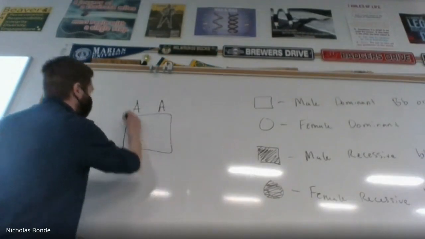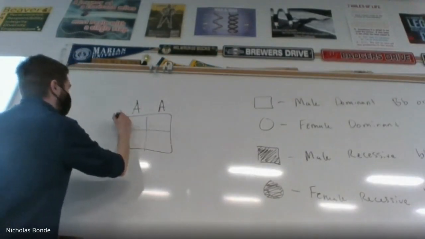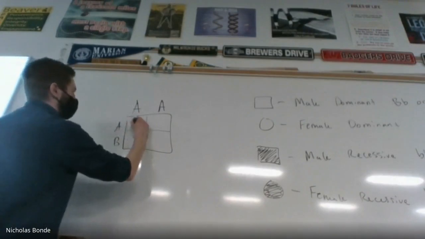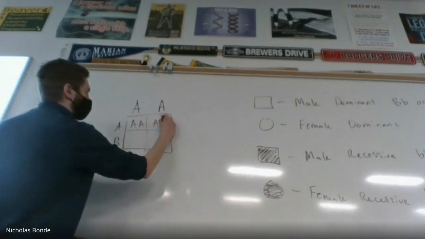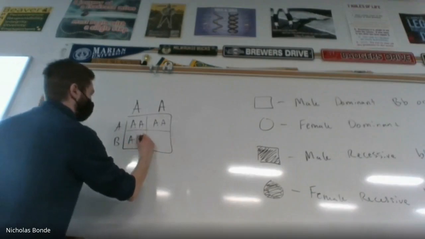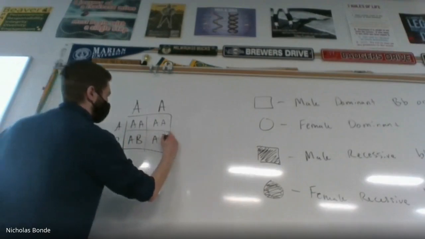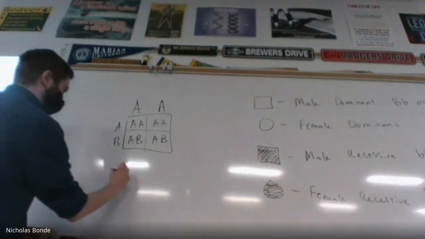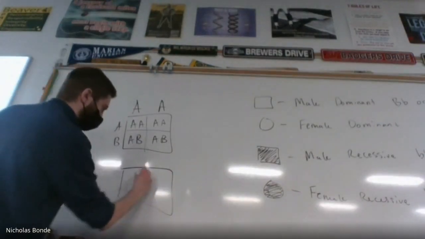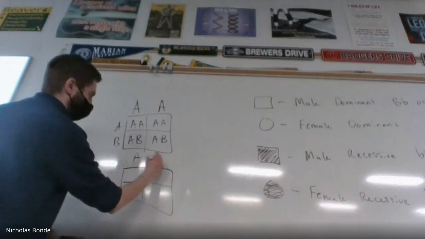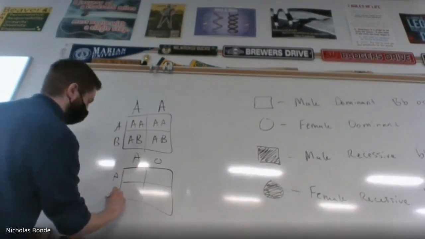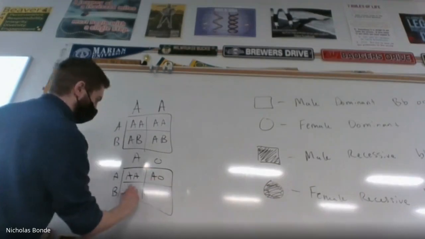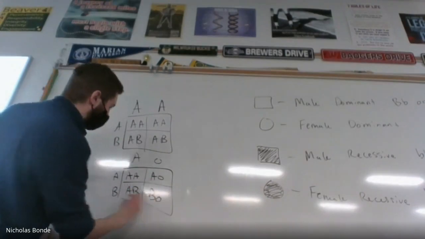We'll try AA first. AB. Yep, that one's possible. And this one's also possible.